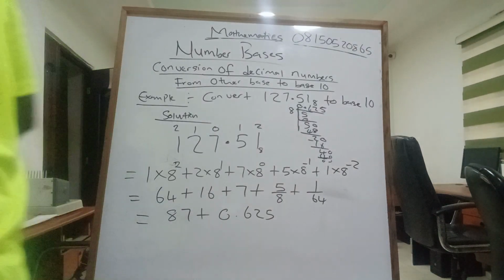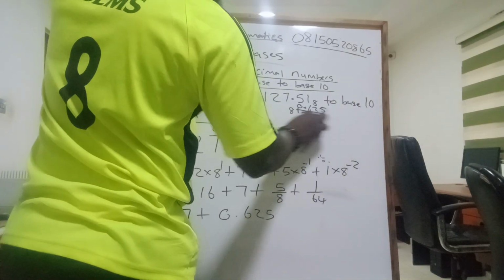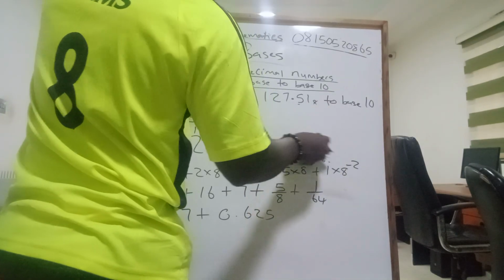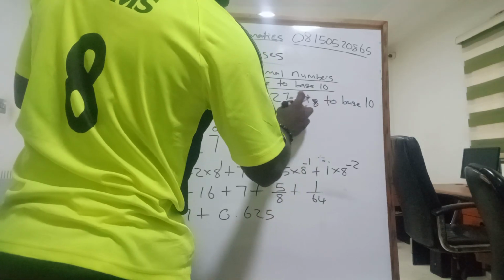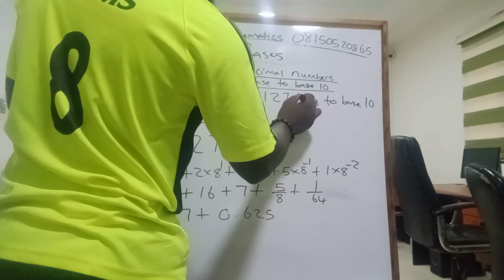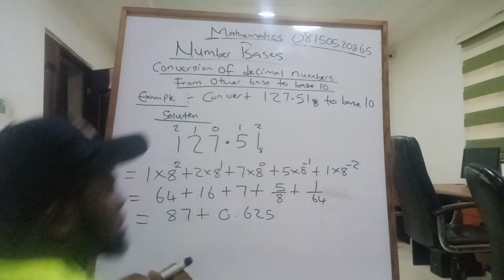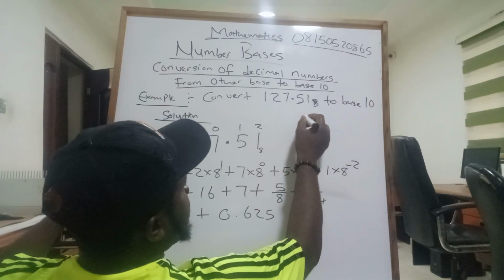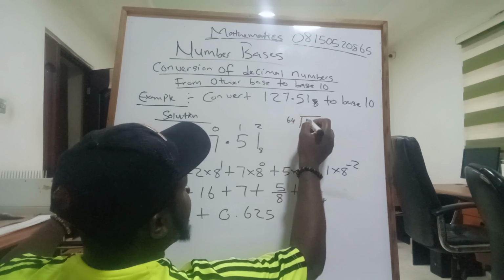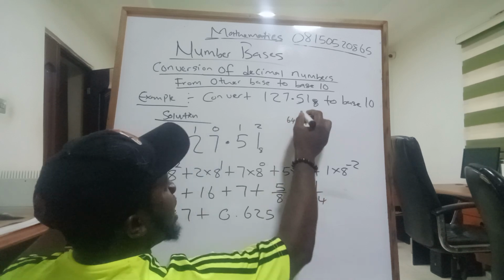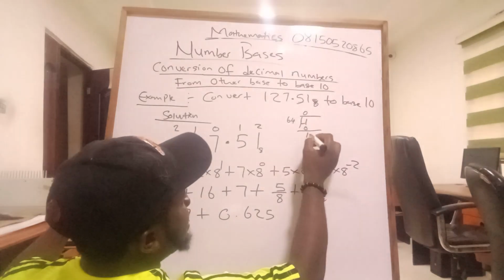Let me do that of 1 over 64. So I will have 64 outside, and you have your 1. 64 in 1, that's 0. Multiply, you have 0. Subtract, that's 1.